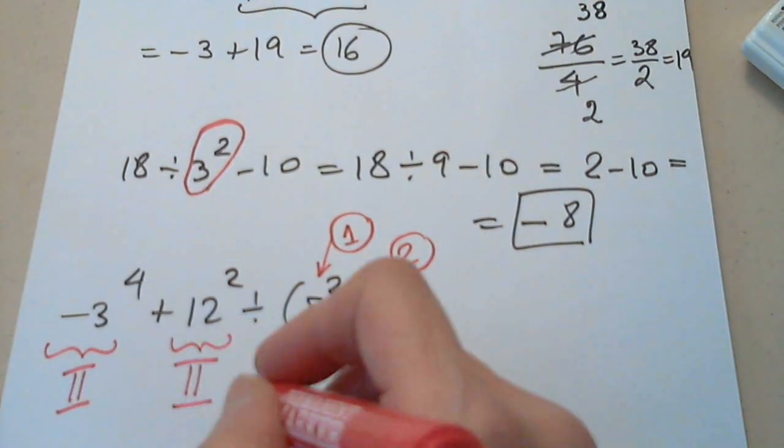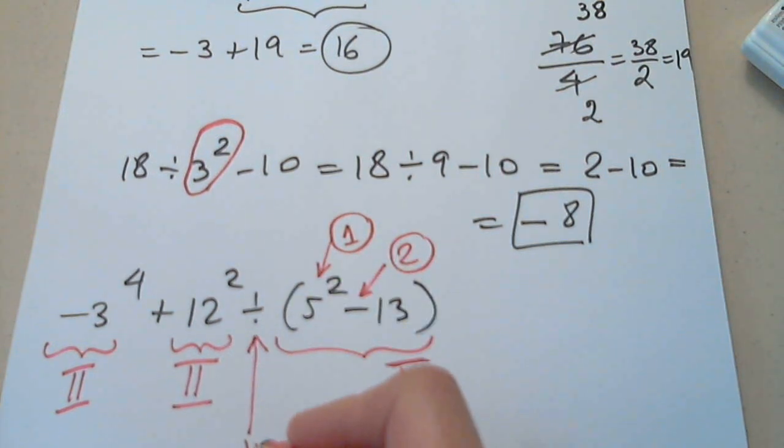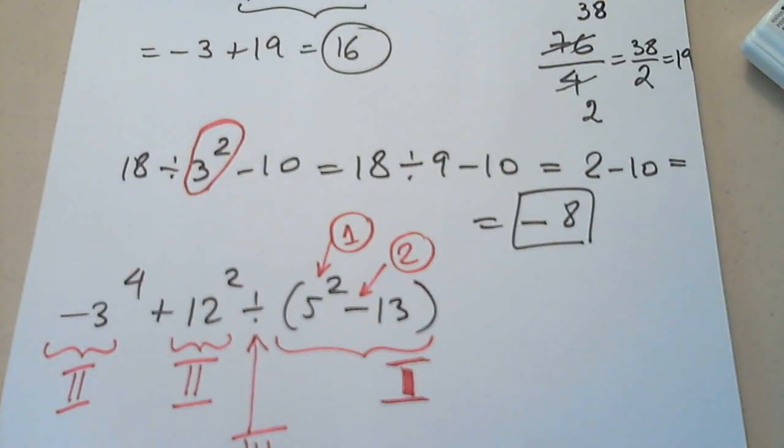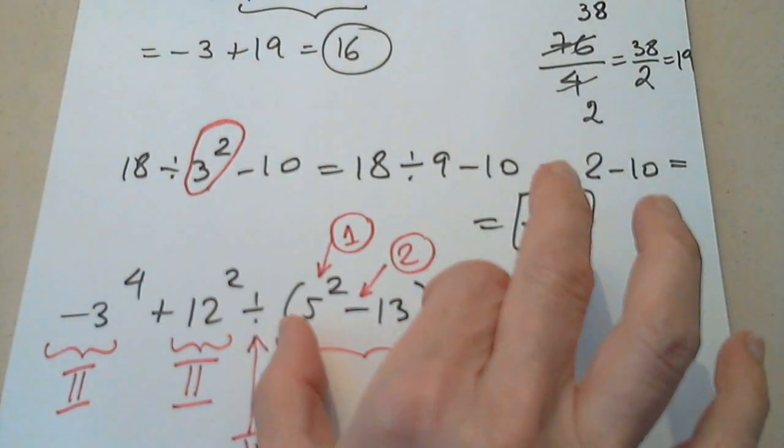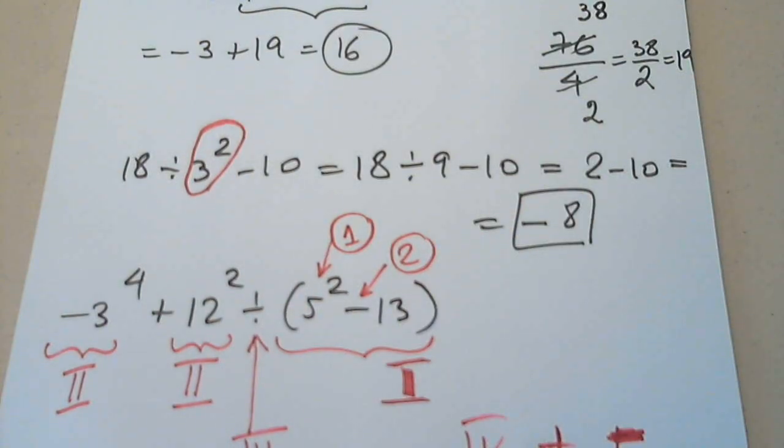Then I have to perform the division. And then the rest. So number 4, adding and subtracting. So one more time. The first step, I see parentheses. I see grouping symbols.